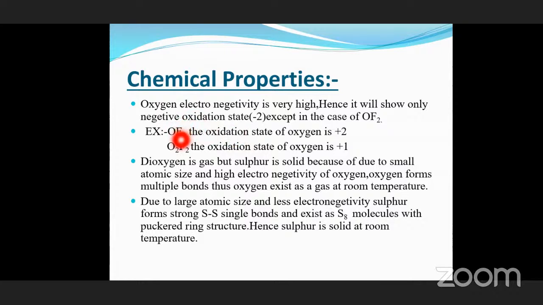The only reason is that fluorine is the first, it will show the highest electronegativity. That's why fluorine will show the minus value, as well as oxygen will show the plus values. Okay, so in OF2, the oxidation state of oxygen is +2. Because fluorine will show -1, when converted, it forms +2.